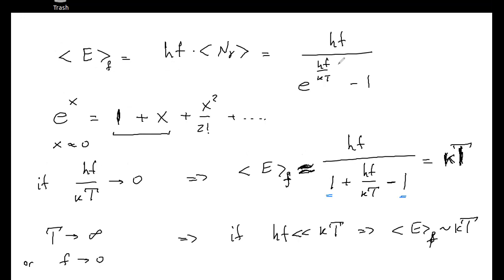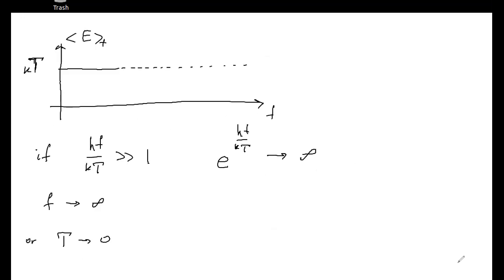Then, if I look at my distribution, can I neglect this one compared to the very, very large exponent? Yes. And then I can say, again approximately, in this limit, the average energy for a given frequency will behave like hf multiplied by exponent of minus hf over kT.